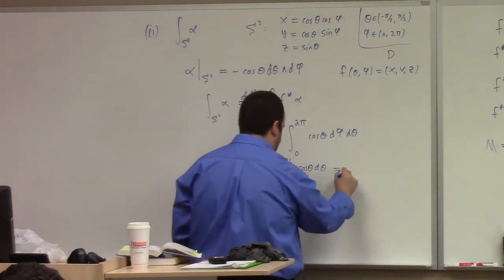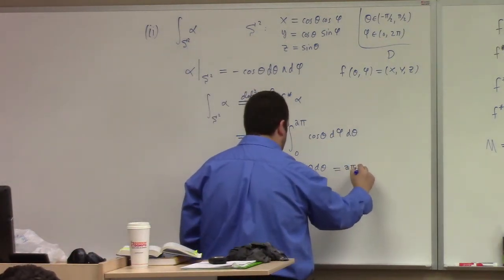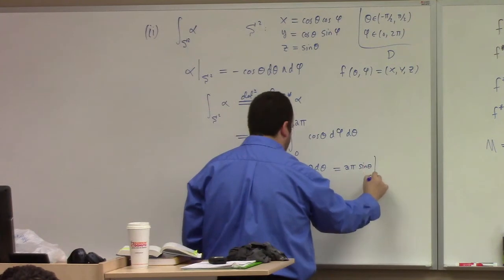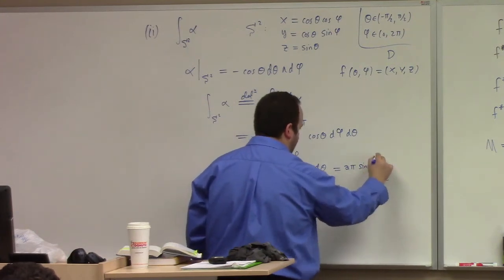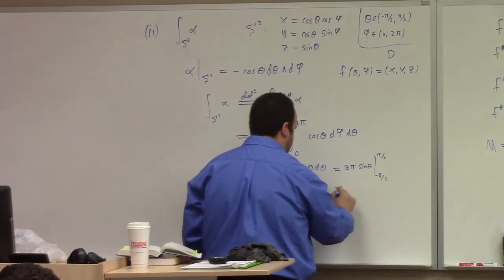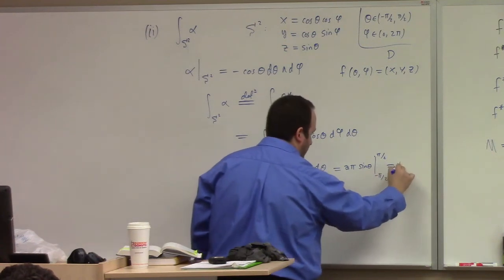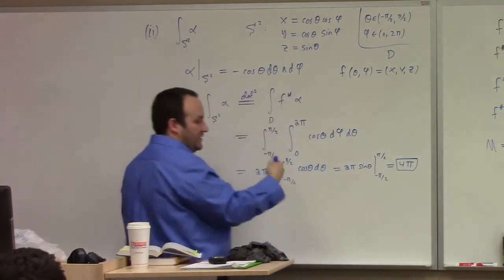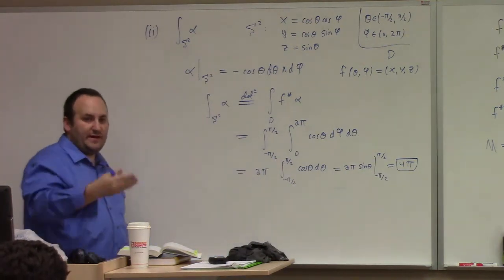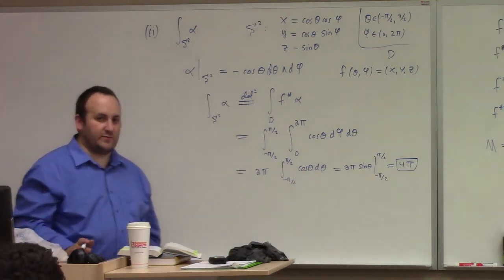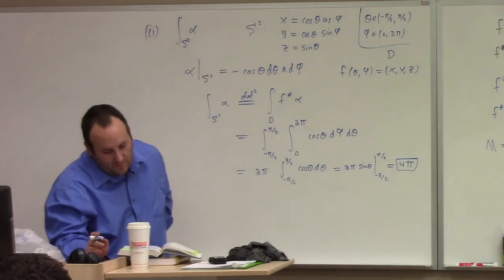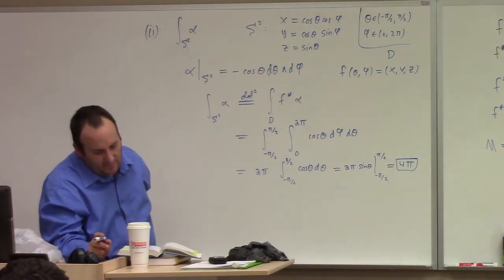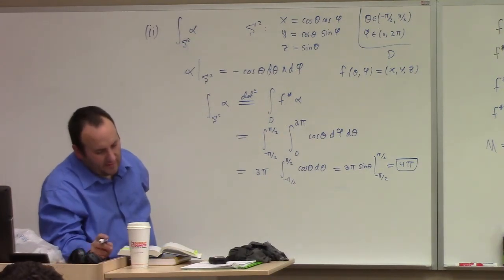Which gives me 2 pi sine theta evaluated from minus pi over 2 to pi over 2, also known as 4 pi, right? Because we get a 1 from the upper limit and a minus 1 from the lower limit. So in total, we get 2 from that integration. And goodness gracious, I was supposed to get minus 4 pi. So I do have to be more careful about this.